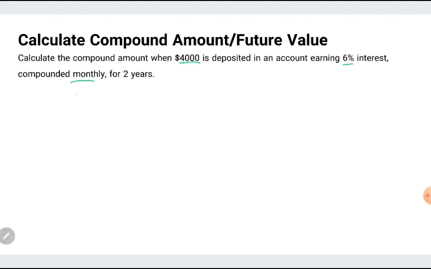Writing the formula, I'm solving for the future value. So my A is equivalent to P times 1 plus I, raised to the big N. P is $4,000. 1 plus, I don't know my I yet.